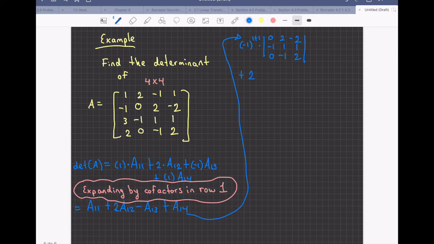Plus twice times -1 raised to the 1 plus 2 times the minor 1, 2. Eliminate row 1, column 2. -1, 2, -2, 3, 1, 1, 2, -1, 2.